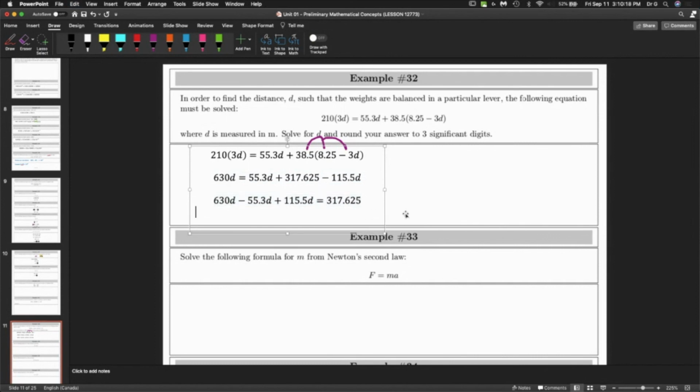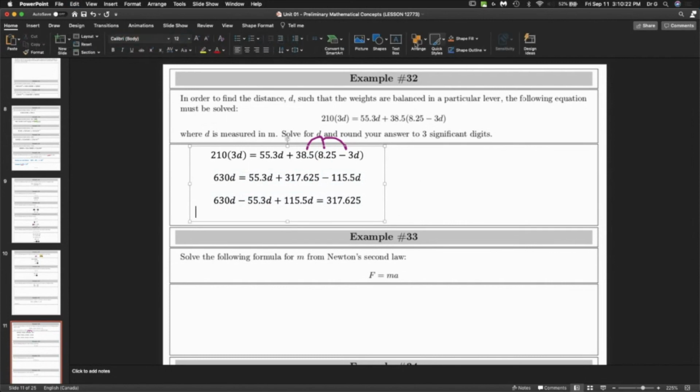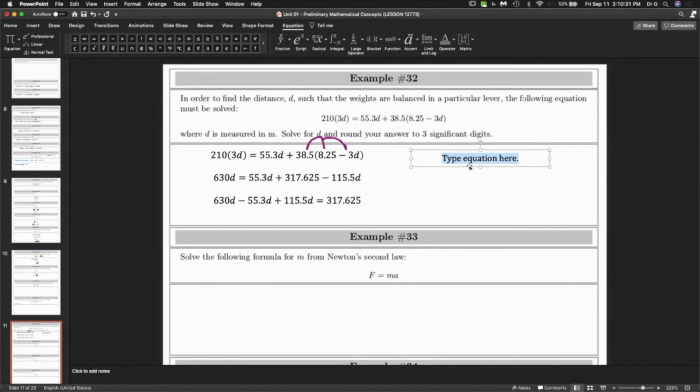So you can collect those terms into one term. I'm going to continue over here. So I get 690. Thank you very much, Mario.